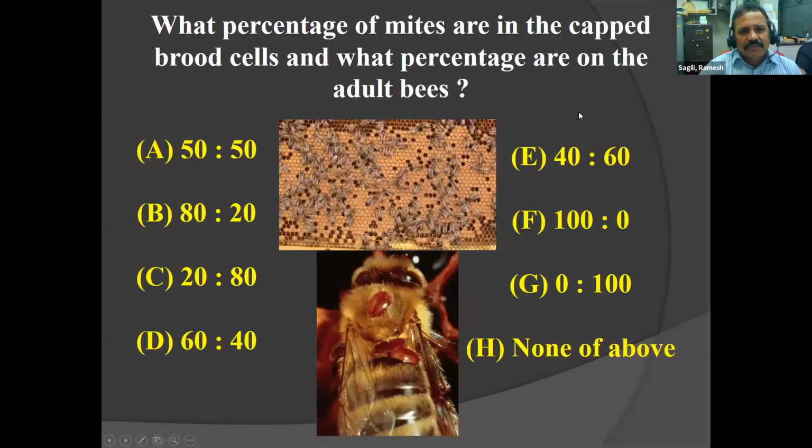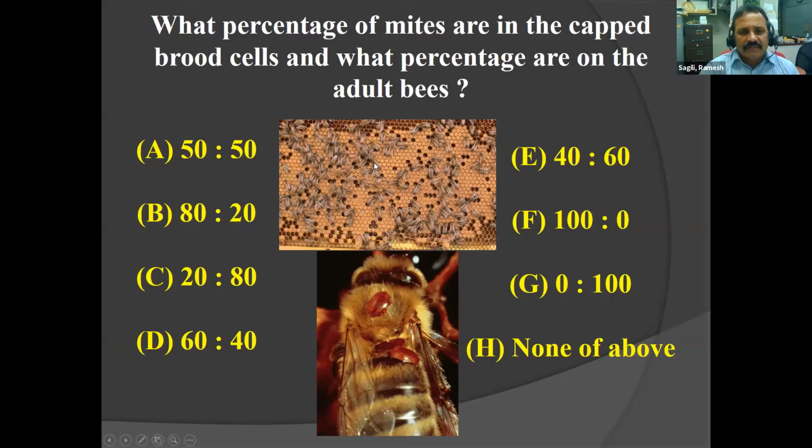Here I have a question for you. I talked about the different phases of mites: the reproductive phase, where the mites are inside these cells trying to breed, and the phoretic phase, where the mites are on the bees. So what percentage of mites are in the capped brood cells, and what percentage is on the adult bees? Probably most of you have already pondered this in the past, so I just want you to think about it.